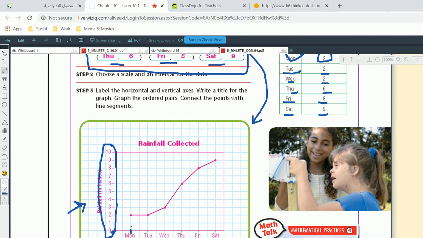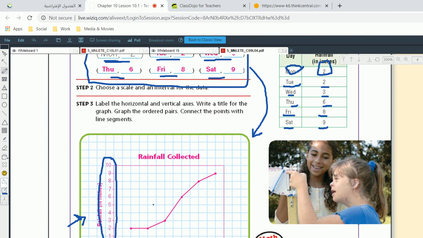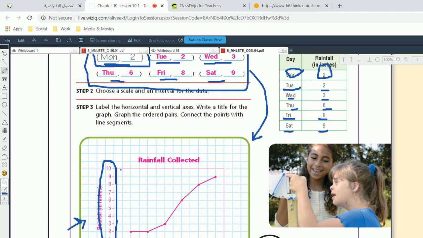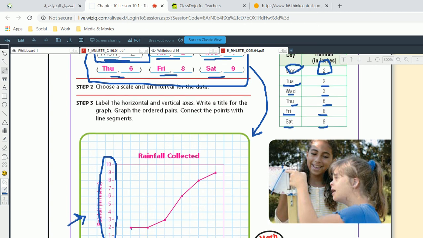Here, Monday and 2, according to the first ordered pair. Okay, Monday and 2, and plot the point.